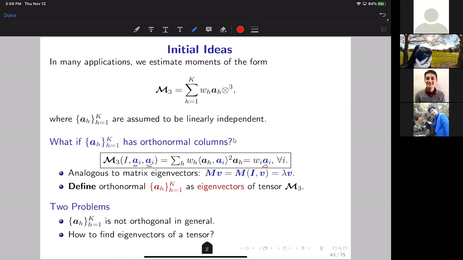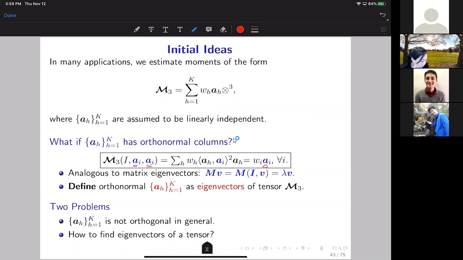Okay, so now two questions. Essentially, we make this assumption that AH is orthogonal, but in general, AHs are not, right? So that's a problem. In latent Dirichlet allocation or in the single topic model, we know that AHs are just linearly independent. They're not orthogonal. So what should we do? That's the first problem.